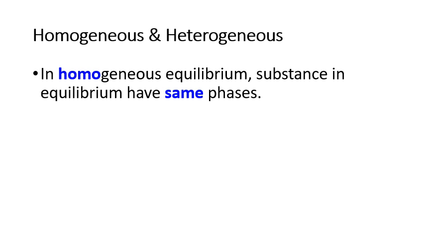For the reversible reaction, there are two conditions, homogeneous equilibrium or heterogeneous equilibrium. So if we look at here, for the homogeneous equilibrium, it means that the substances, no matter reactant or product, all of them are in the same phase.